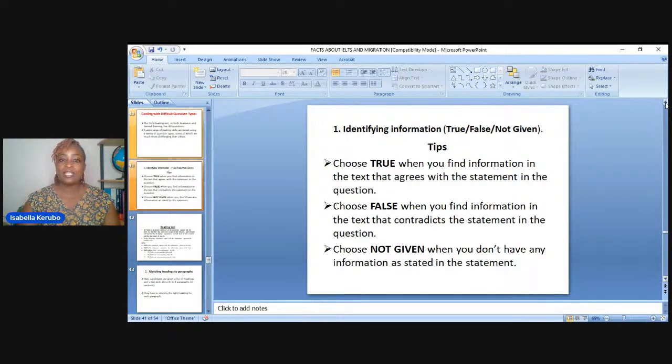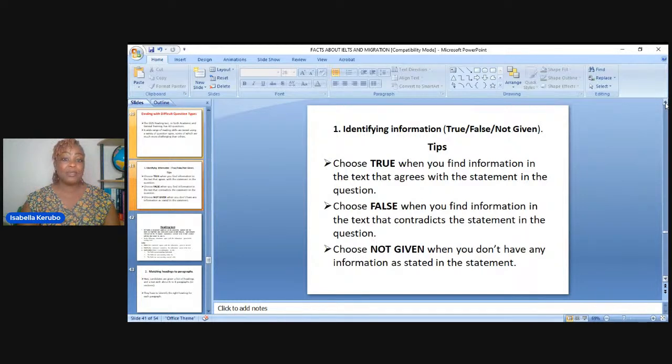Whatever information you see in the statement, if that information is not provided anywhere in the text, this is when you give your answer as not given, because whatever information you are asked about is not given anywhere in the text that you're reading.